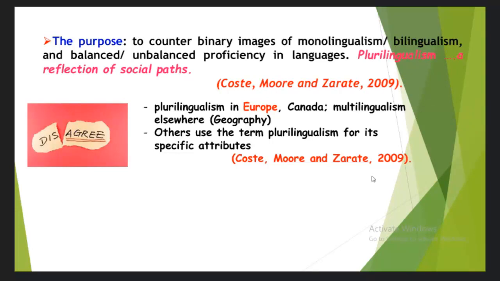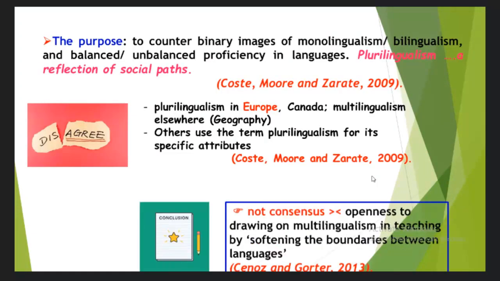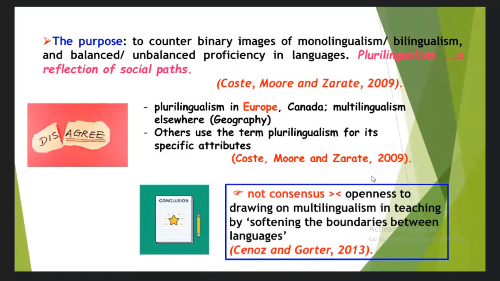But in Canada, or in other places, it is called multilingualism, and sometimes for specific tribes in other places people use the term plurilingualism, right? So in short, there are some disagreements here, but nowadays people are becoming more open-minded, softening the boundaries between languages, right?